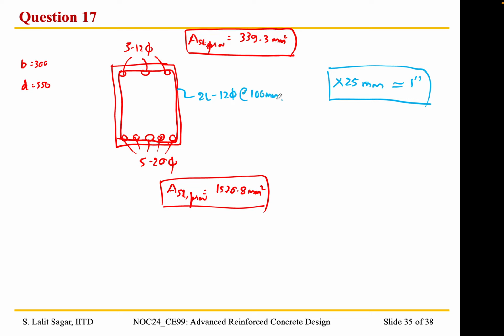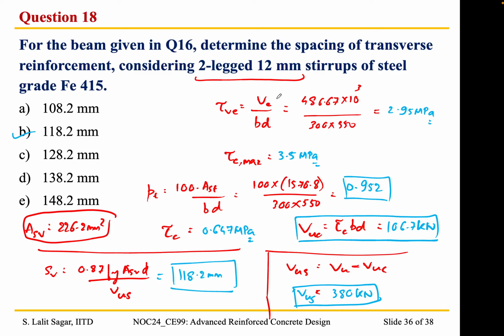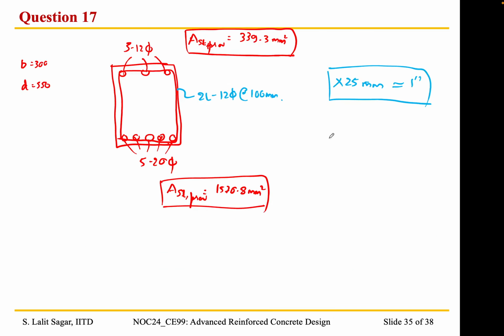In addition to this, we need to provide the side face reinforcement. The side face reinforcement has to be 0.1% of BD, which, as we calculated in the earlier problem, was 165 mm square. When we provide 4 bars of 8 mm diameter, what would be the AST provided? Let me quickly calculate that.